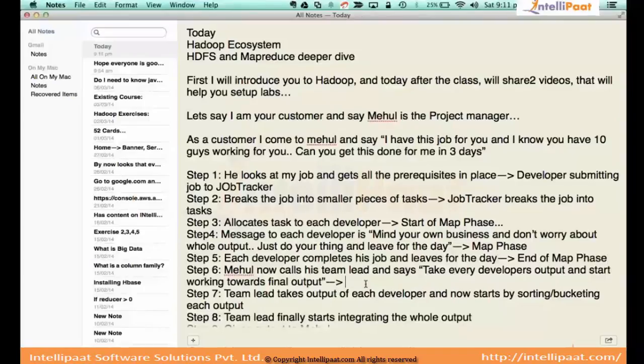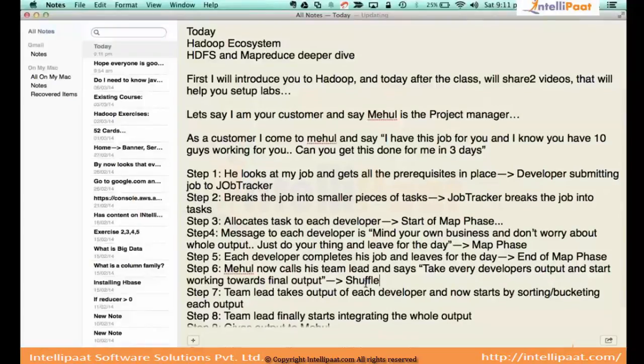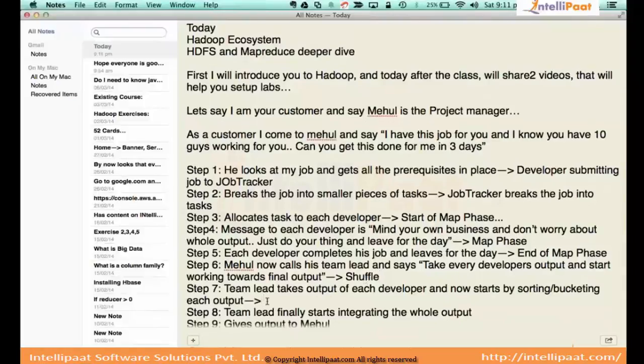After that, Mehul asks the team lead to collect output from every developer. That is shuffle, where every developer gives his output to the team lead, saying my job is done, I'm leaving. Once the team lead has collected the output, we've done shuffle and now it does sorting.